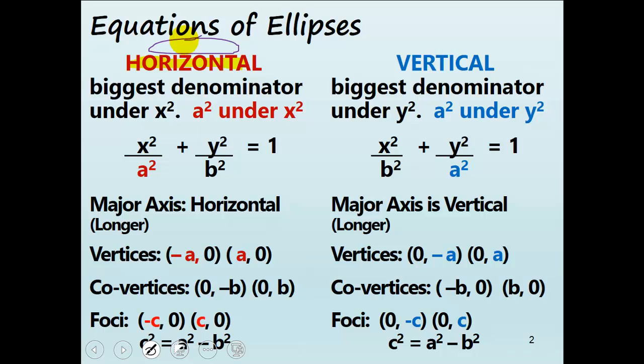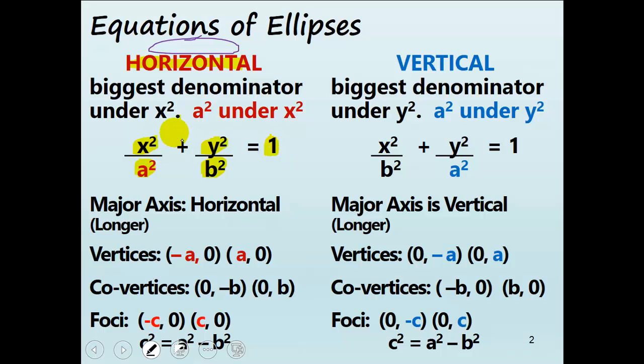The way to identify if you have a horizontal ellipse is in the equation. Notice that we have x squared over a squared plus y squared over b squared equals 1.